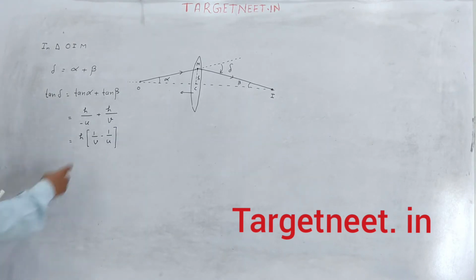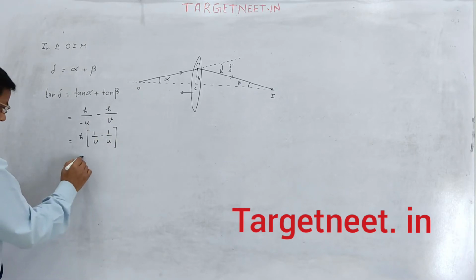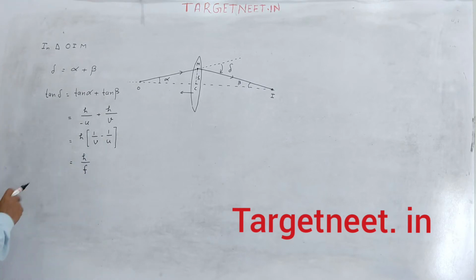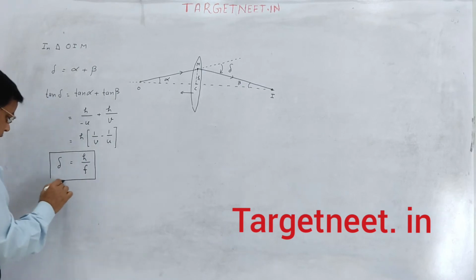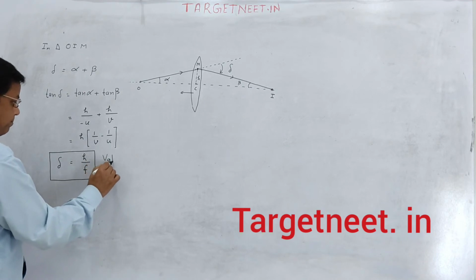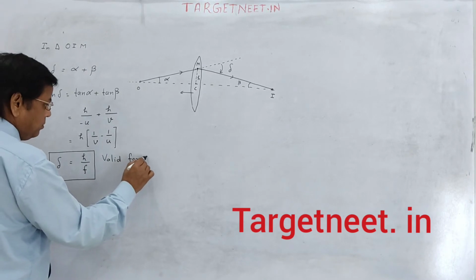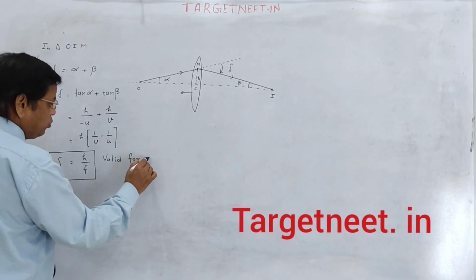Now we know this 1 upon v minus 1 upon u is 1 upon f, so it is h divided by f. And as you know, angles are small, so in place of tan delta we can write only delta. So the deviation produced by a lens is given by this formula, but this is valid only if h is small, or alpha and beta angles are small. So valid for small h.